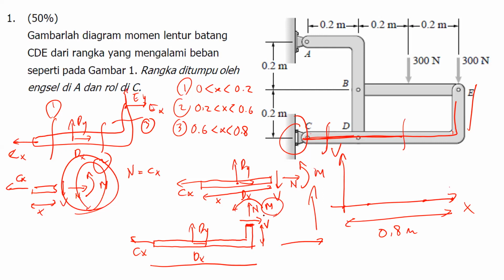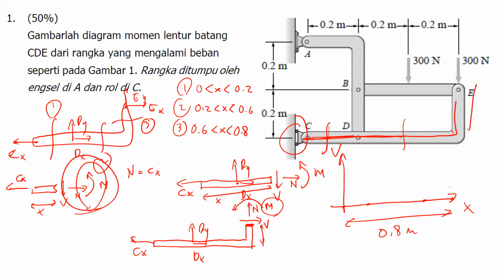So what you're supposed to do is to define your positive X direction. If your positive X direction is like this, then continue it like that. Your moment is supposed to be like what I drew just now. So the first thing that you're supposed to do is to determine which is the positive direction of the X.